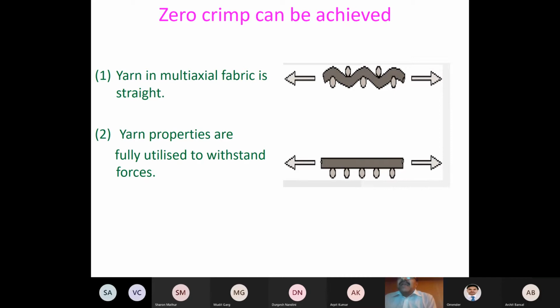Second one, in this fabric, practically there is no traditional type of interlacement of warp over weft, as you can see here on the top, which happens in a conventional fabric and introduces crimp in the yarn. And as you know, introduction of crimp means decrease in modulus.